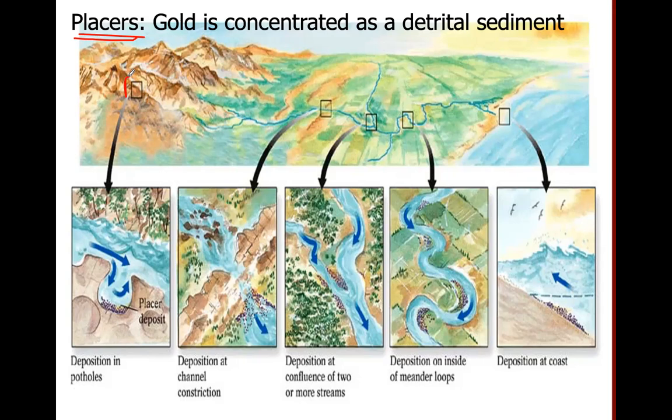So potholes can be formed, and because of these, the heavy materials brought by the river or the stream or the water flow get deposited here because the water escapes from this pothole gradually, placing these materials at the base of the pothole, right? So there also you can have very small scale placer deposits.